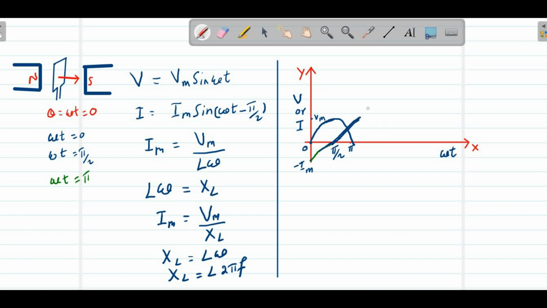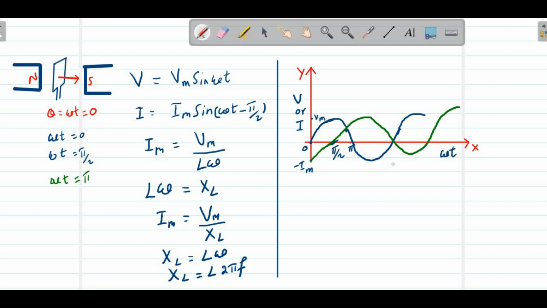So what we can see here, next the omega t value 3 pi by 2, then 2 pi. What we can see, the voltage and current will be changing like this. Voltage goes this way, and current will be lagging behind that this way.